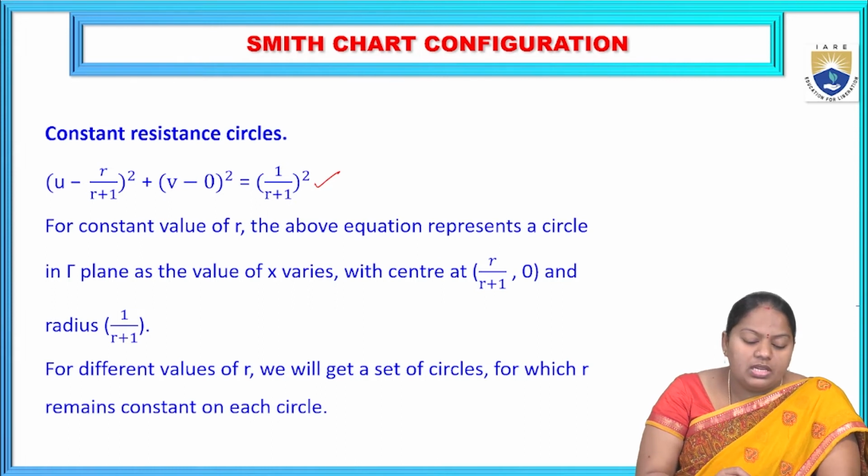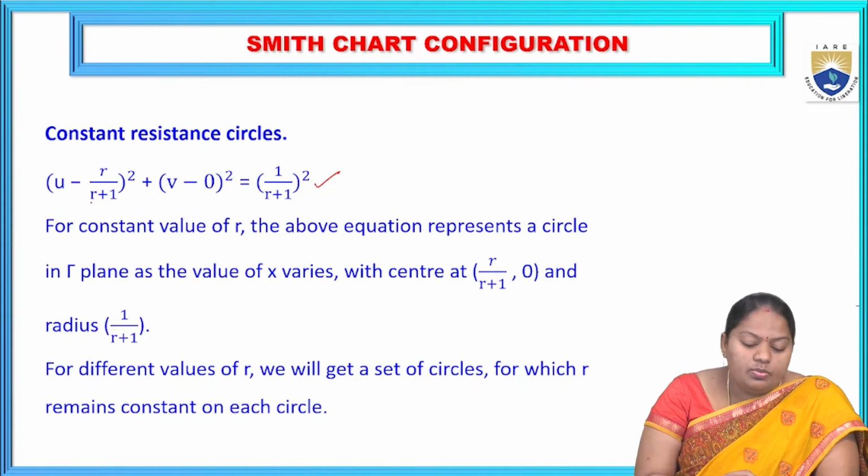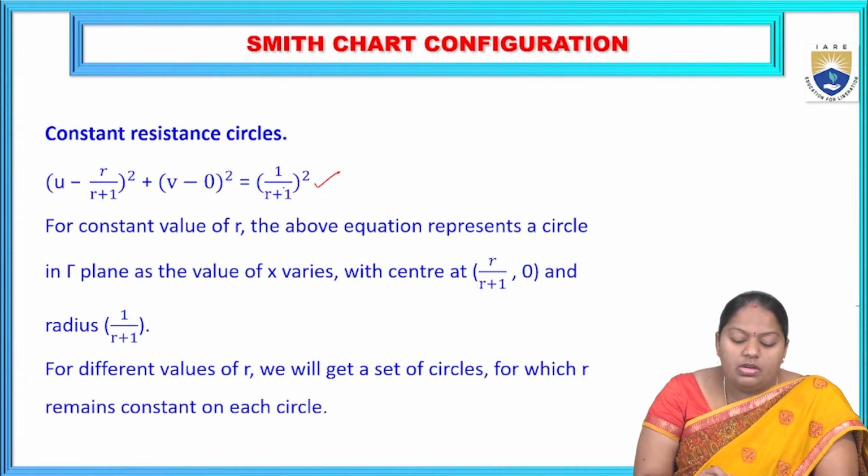Constant resistance circles are given by (u minus r by r plus 1) whole square plus (v minus 0) whole square equal to (1 by r plus 1) whole square.